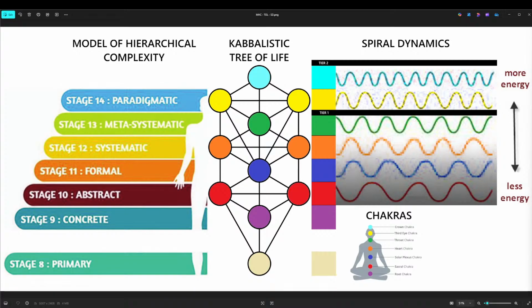And so, yeah, I'm just trying to help make people aware, because again, 99% of people are in tier 1, so they're not familiar with Spiral Dynamics probably, or any of this stuff, or esoteric knowledge in general. So I'm just trying to make this stuff more accessible to people, and help them understand where they're at, and that there are systems like this that you can use to progress through different modalities of consciousness, so to speak.